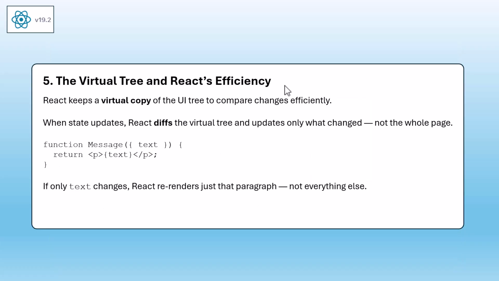5. The virtual tree and React's efficiency. Internally, React maintains something called a virtual representation of this tree. You can think of it as a detailed map that React uses to compare the current tree with the previous one.